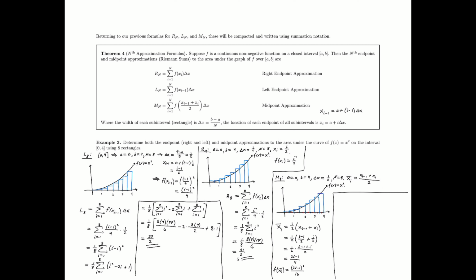This one we can factor out, or FOIL out, I should say. This would end up being 4i squared minus 4i plus 1 all over 16. So then M8 is the sum from i equals 1 to 8 of this expression, 4i squared minus 4i plus 1 over 16, times delta x, but we know delta x is 1/2.